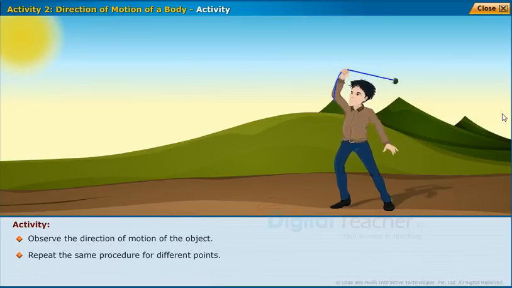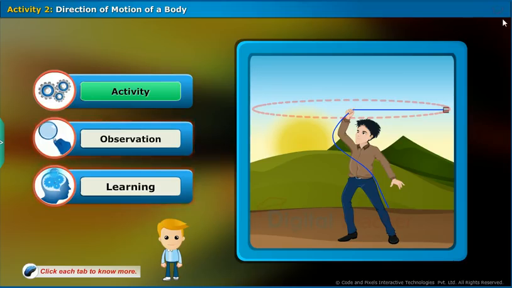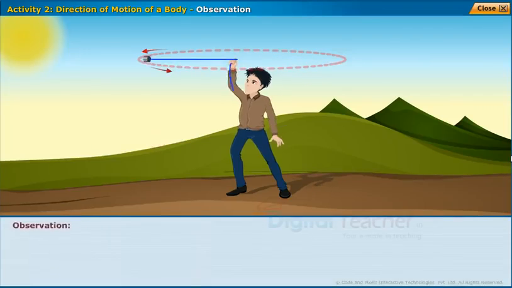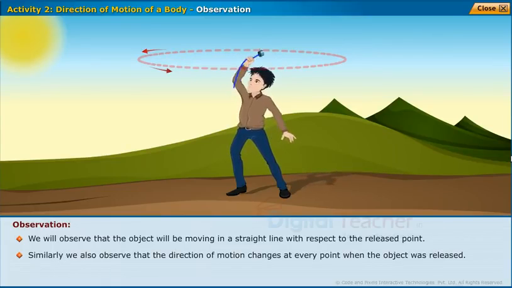Repeat the same procedure for different points. We will observe that the object moves in a straight line with respect to the released point. Similarly, we also observe that the direction of motion changes depending on the point at which the object was released.